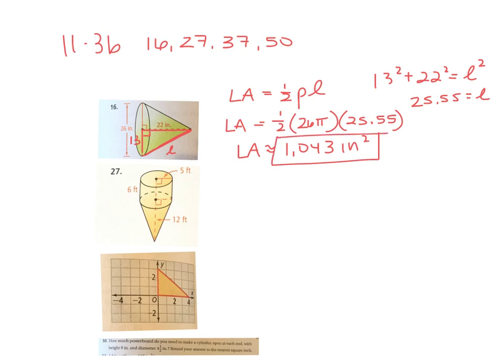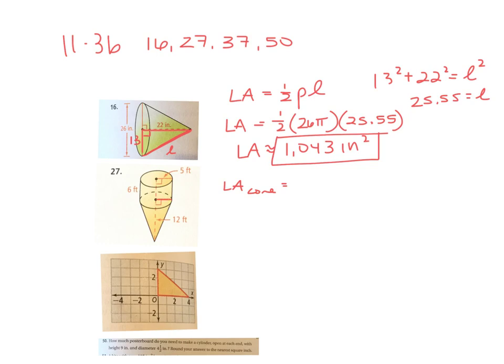Okay, 27 asks you to find the surface area of that whole figure. So you would do the lateral area of the cylinder, the lateral area of the cone, and then you would have that circle as well. So let's just start with the lateral area of the cone first.